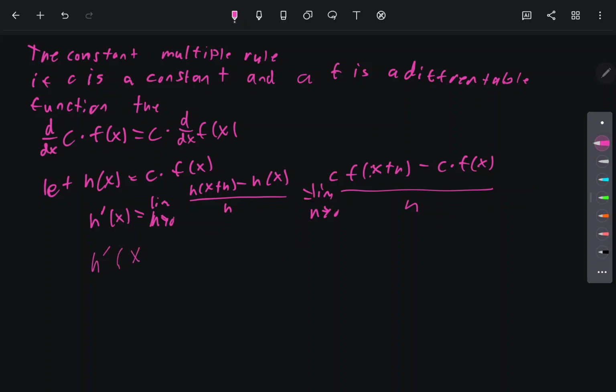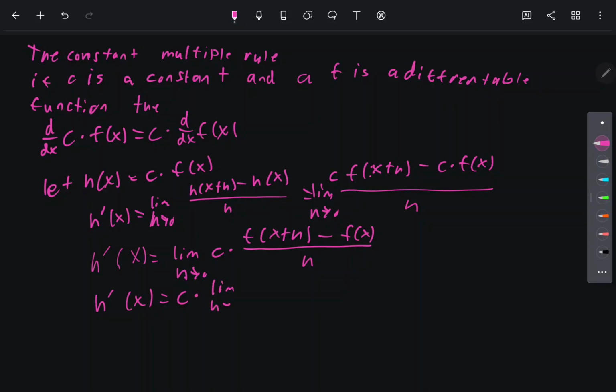H prime of x, then, in this case, is going to be the limit as h approaches 0, and I'm going to just factor out that c times f of x plus h minus f of x all over h. Well, then h prime of x, because we can pull out that c, is equal to c times the limit as h approaches 0 of f of x plus h minus f of x all over h.